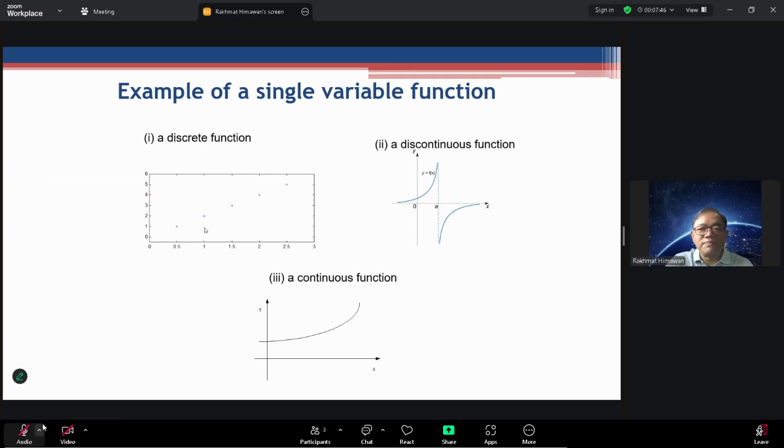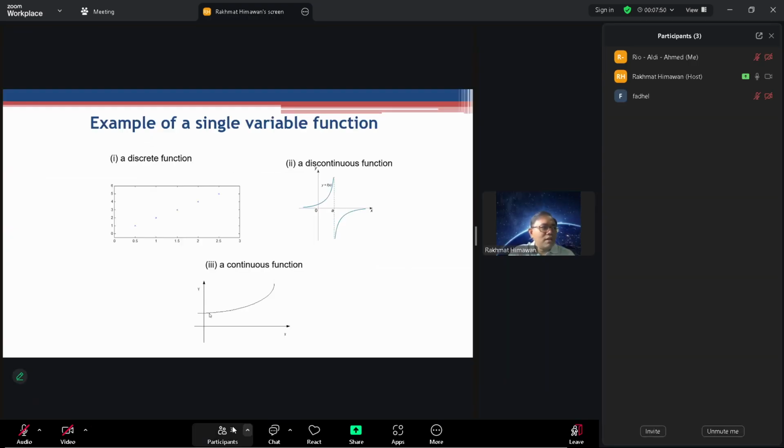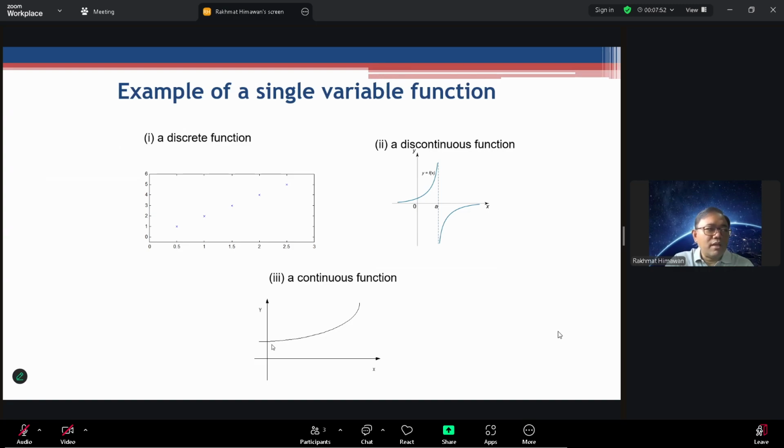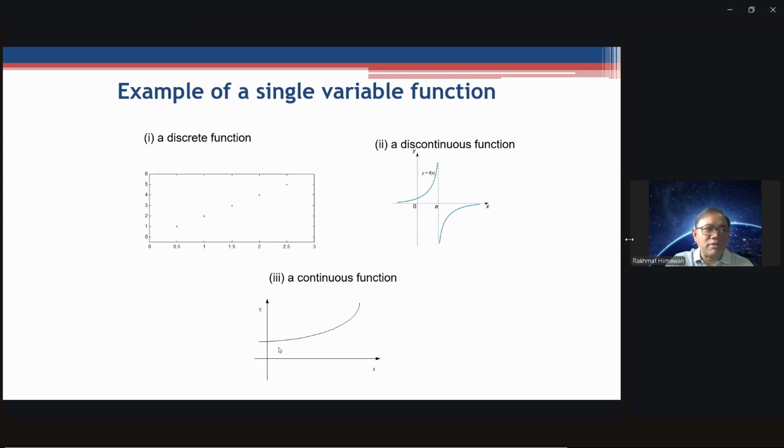There's nothing else. While the continuous is more likely to be a flow of something, like a kilogram that can be decimal as well, or a flow of water, how many cubic meters of water, and so on. While the discontinuous is similar to continuous, like a curve, but it's separated, as in the picture.